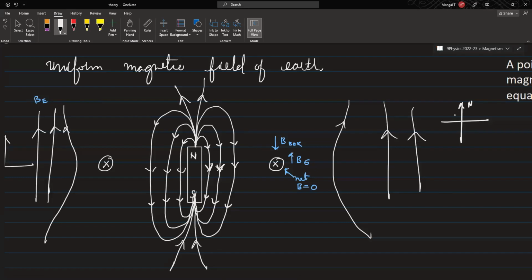But the magnitude is equal, their strength is equal, and their direction is opposite. That is the reason why both fields cancel each other and the net magnetic field is zero at that point, and that point is called a neutral point.